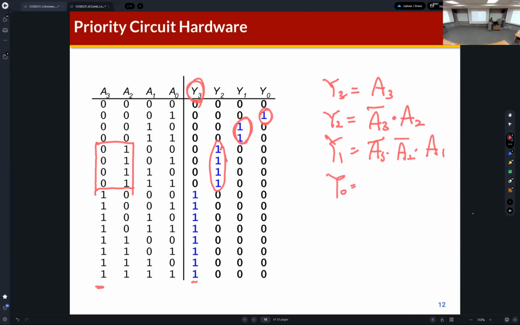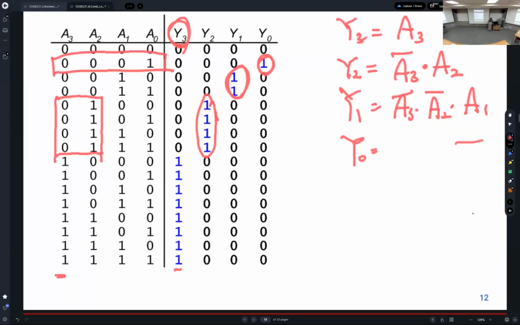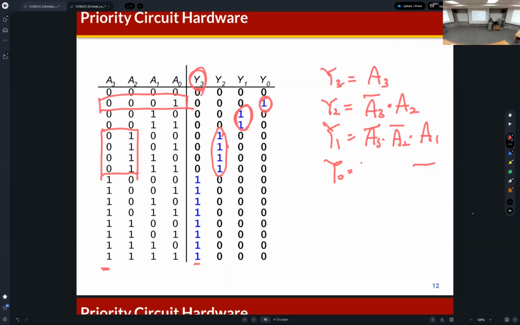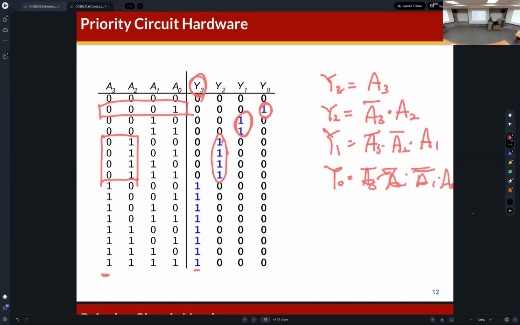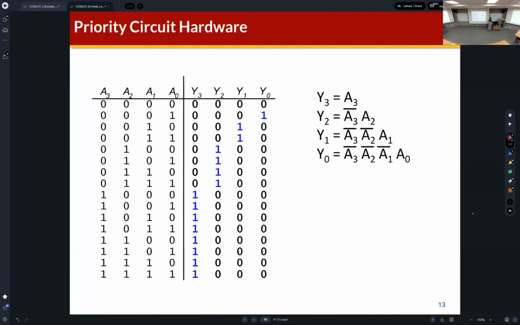Only this one, so here A3, A2, A1, A0. This is so easy. We can easily define the condition and make Y0, and then we can generate the Boolean equation for each output like this.